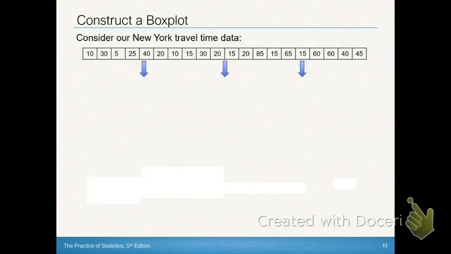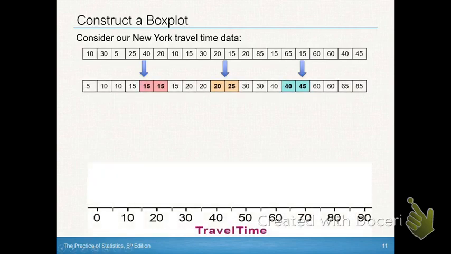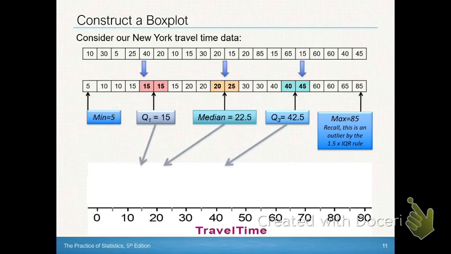For the numbers we've looked at in this last example, the commuter times for New York, recall what our numbers were. We had our median, our Q1, and our Q3. We had our minimum and our maximum. Remember that our maximum was an outlier. Our Q1, median, and Q3 make up the edges of our box.